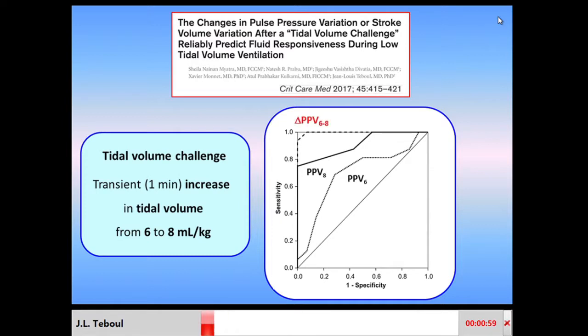But what was still better is the changes in PPV from 6 to 8, and the threshold value was 3.5. In other words, if you have a PPV of 7 and you perform this test, and PPV goes up to 11% during the test, the patient is fluid responsive at 6 ml.